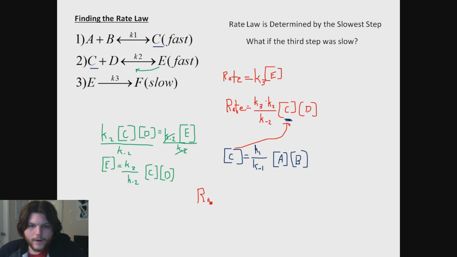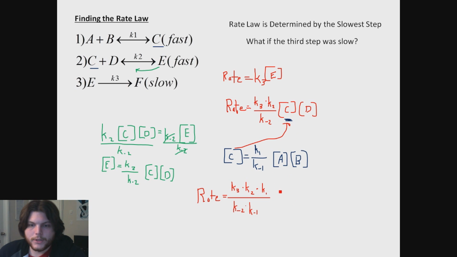The rate of this reaction is going to be equal to K3 times K2, and K1 is on top as well, all divided by K negative 2 times, and now we have a new K negative 1 that we have to worry about, K negative 1.